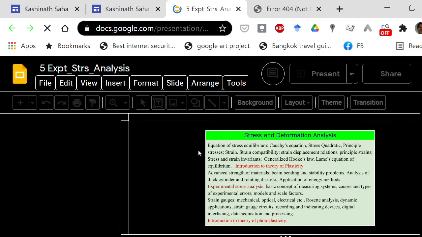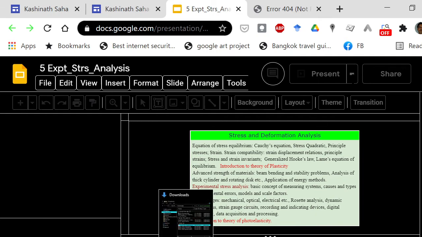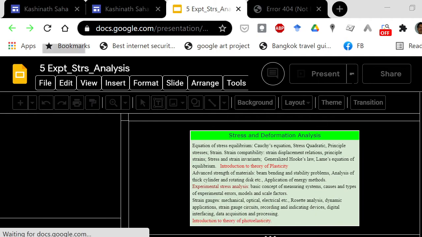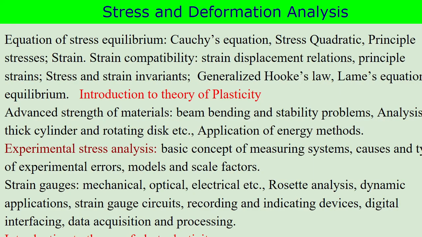The particular slide is downloaded here, so let me open it from my computer, and let us present this. Now you see this part of our experimental stress analysis.